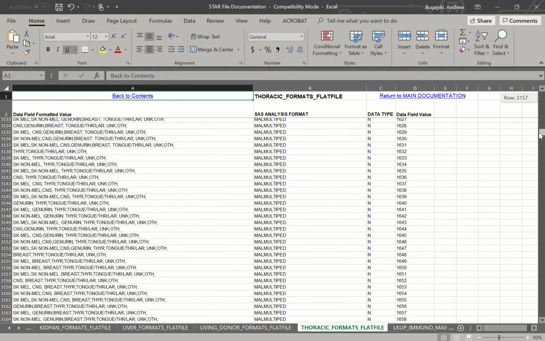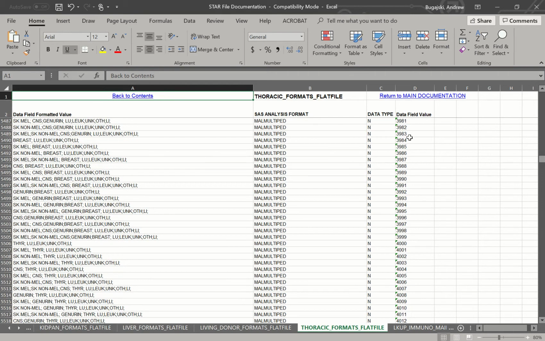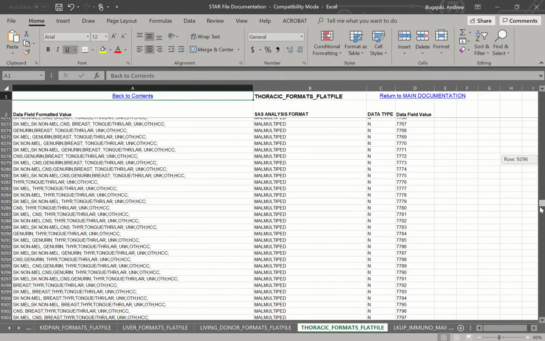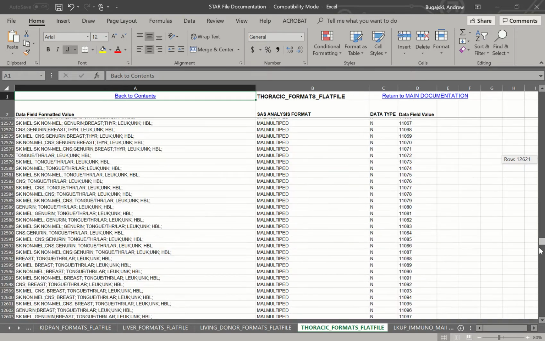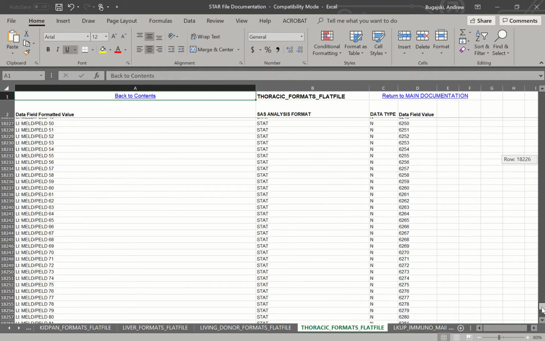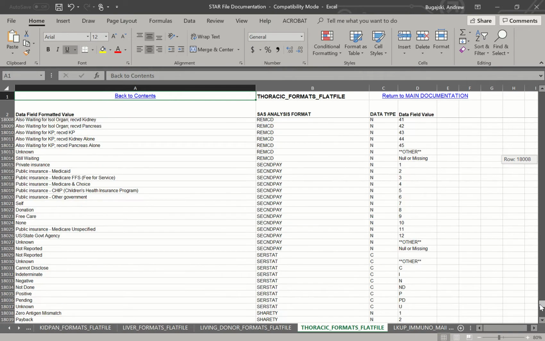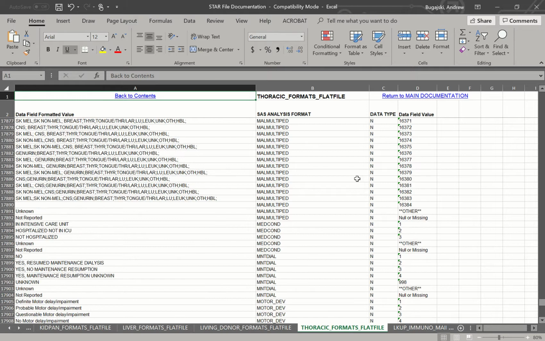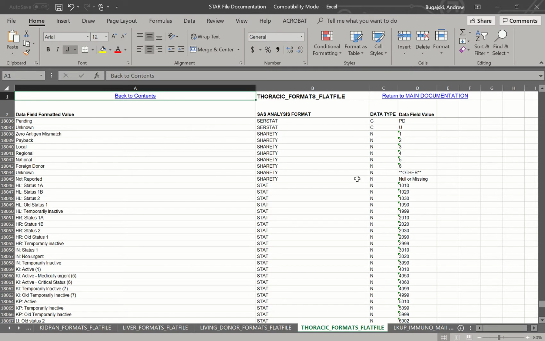Look at all these different cancer combinations. These are all coded cancer combinations that people can have. Can you imagine that? Over 15, 16,000 different cancer combinations people in this data set have that are individually coded.